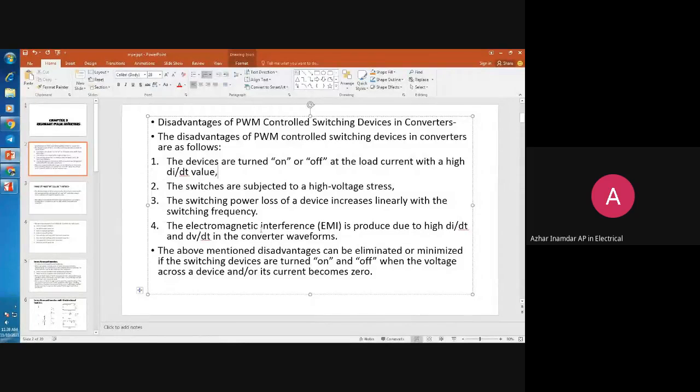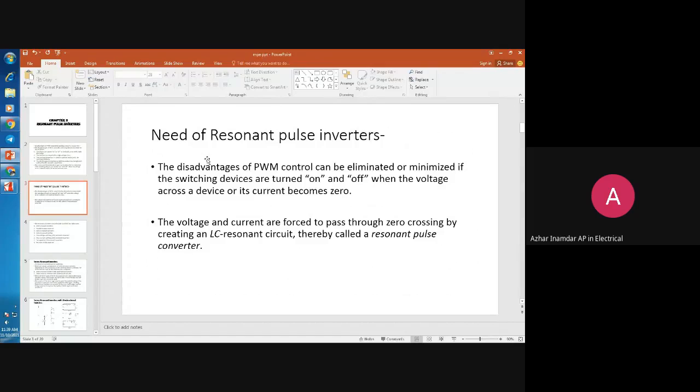Also, this is called a resonant pulse converter. So the need of resonant pulse inverter is to eliminate the disadvantage of PWM control techniques, which is having the limitations while turning on and off.